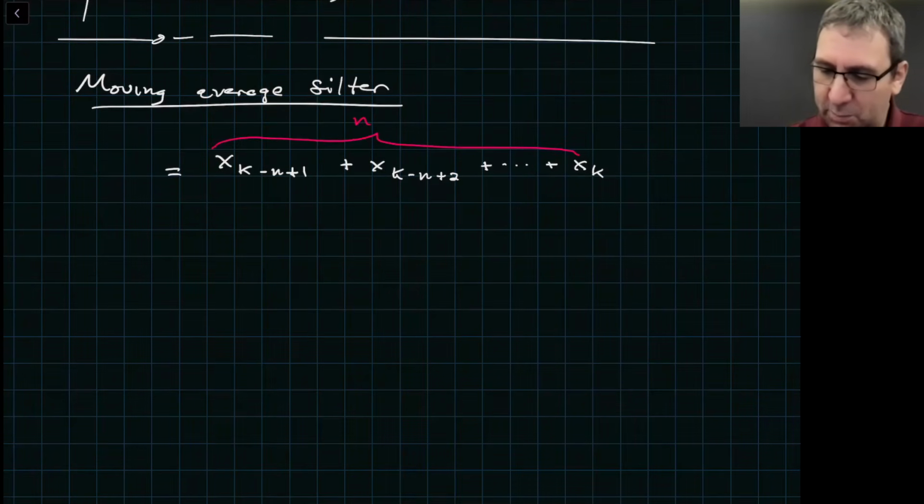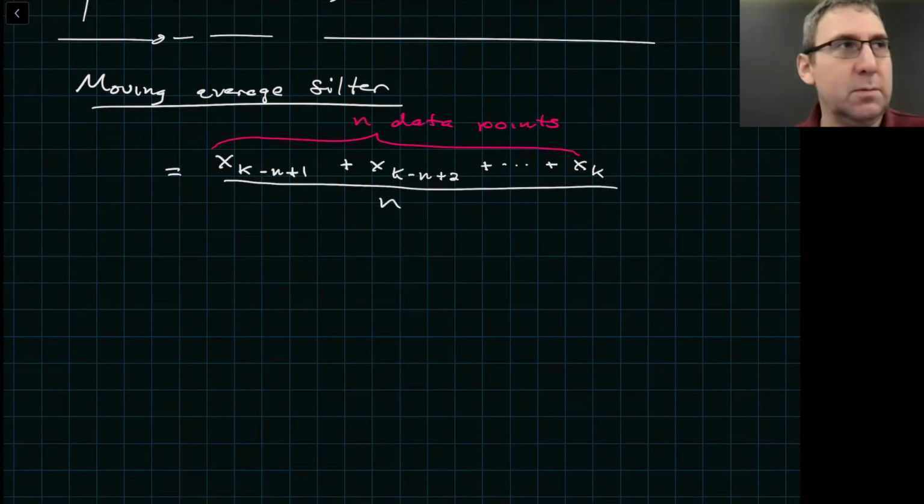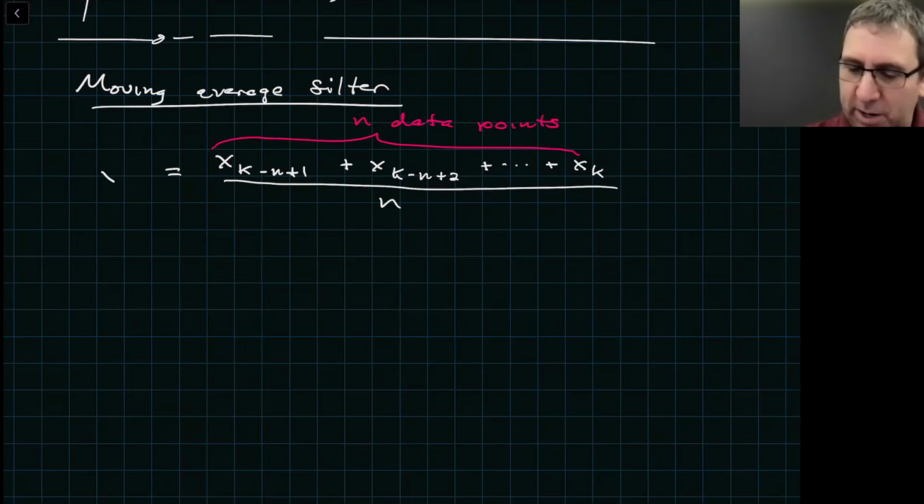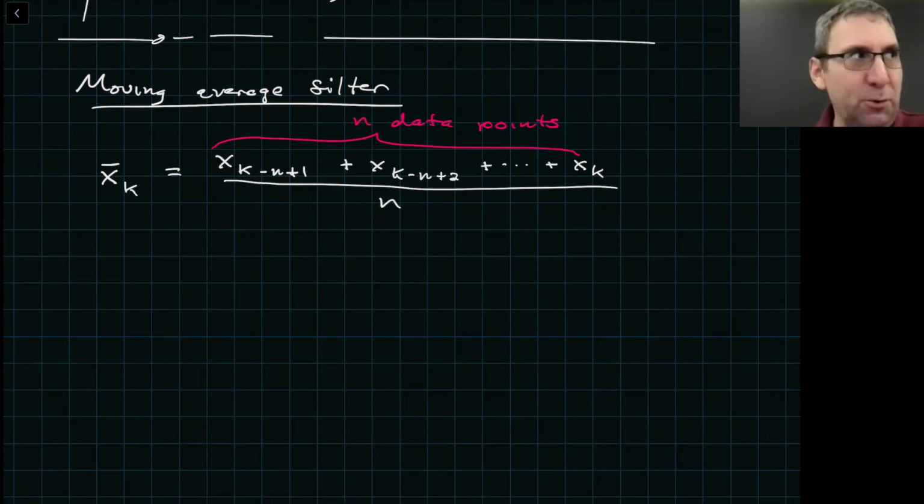This is n data points. So if we want an average of that, we divide by n. Now we're going to call this x bar k, but it's different here than it was before.